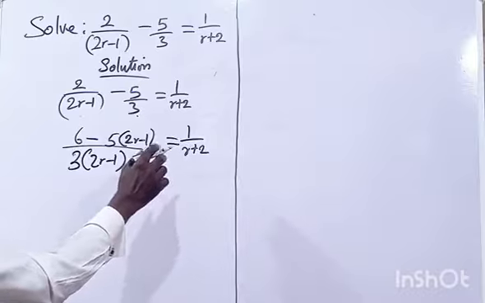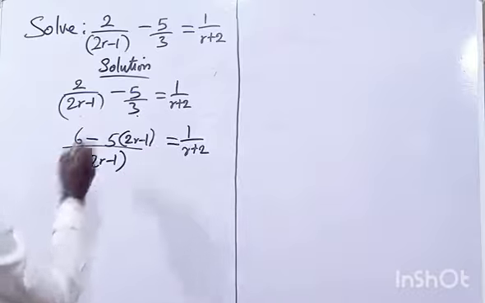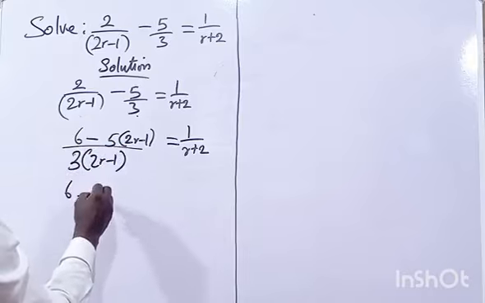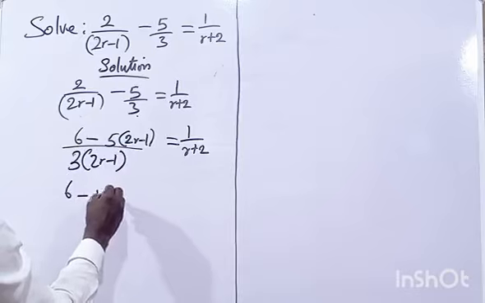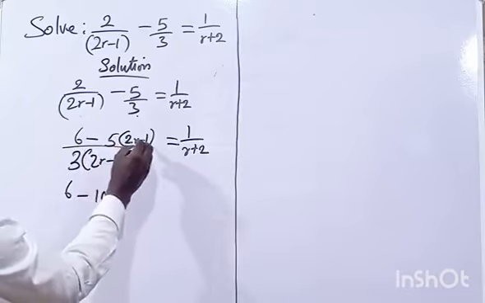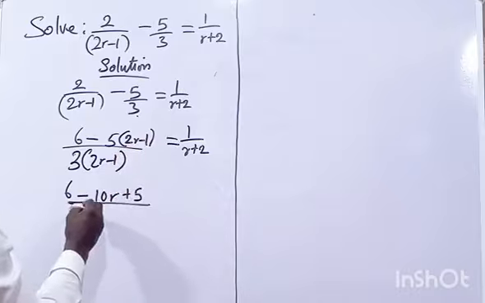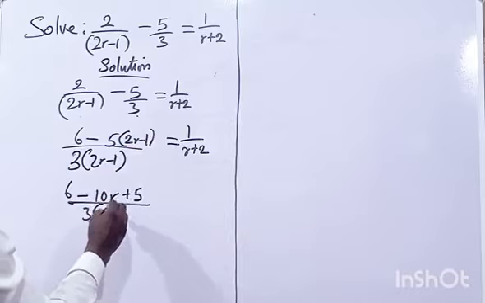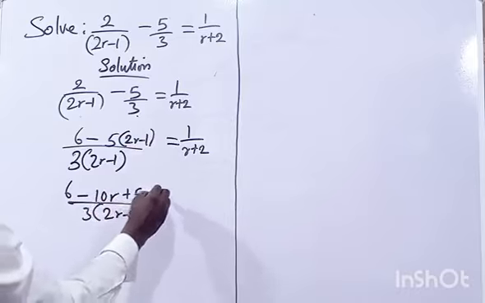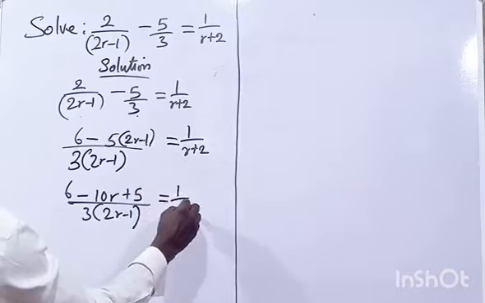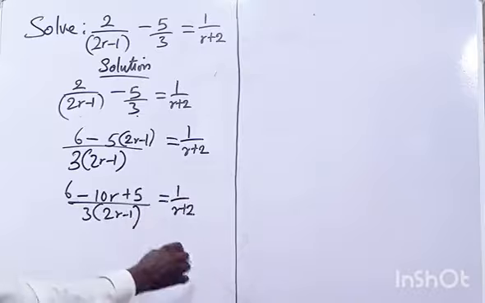Now, let's go further. If we do that, we'll have 6 minus 5 times 2x is minus 10x. Then minus 5 times minus 1 is plus 5, over 3 into 2x minus 1, all equal to 1 over x plus 2. Now at this stage, we can cross multiply.